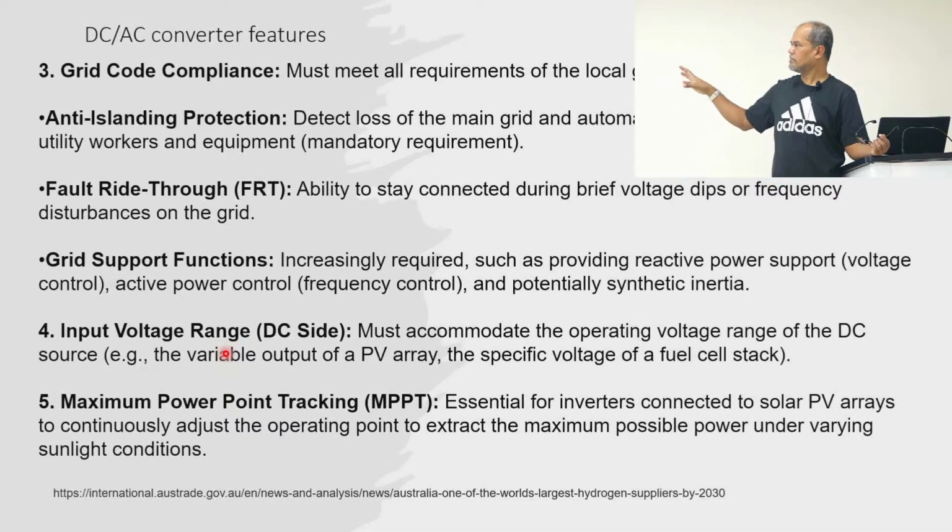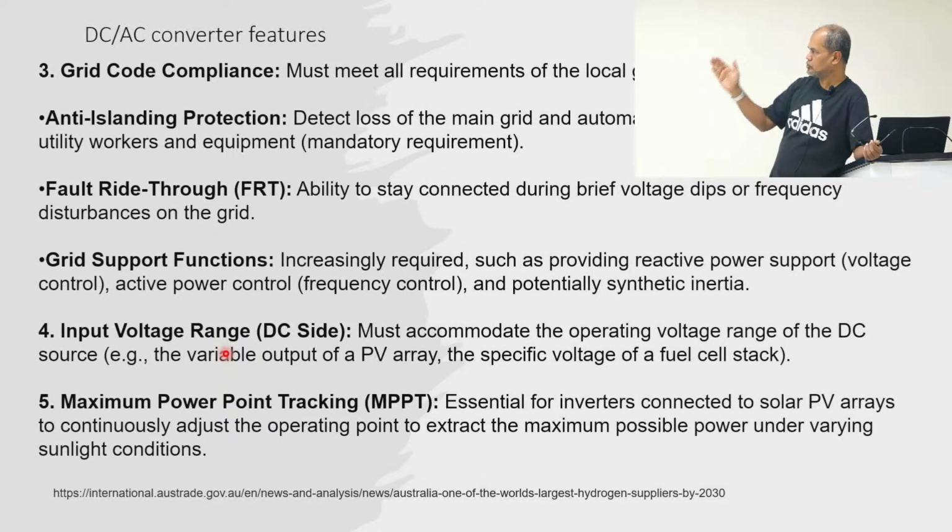We don't have that many fuel cells, but wind turbines and many photovoltaic system inverters also have that requirement that you cannot just completely disconnect when there is a disturbance. So you should have that fault ride-through capability, and grid support functions for the inverter, like active and reactive power control, sometimes voltage and frequency as well. And the grid forming inverter also provides synthetic inertia to the system. That's one of the topics, grid forming, we're going to talk about in the next session.